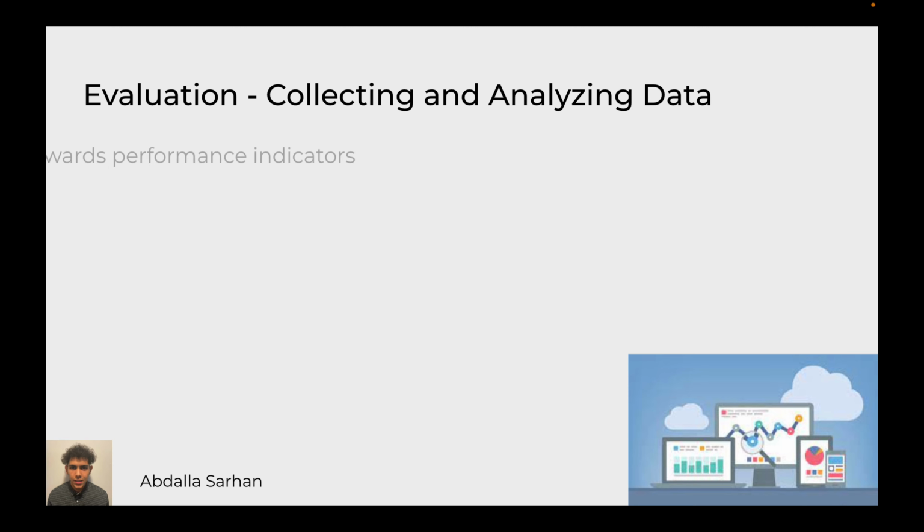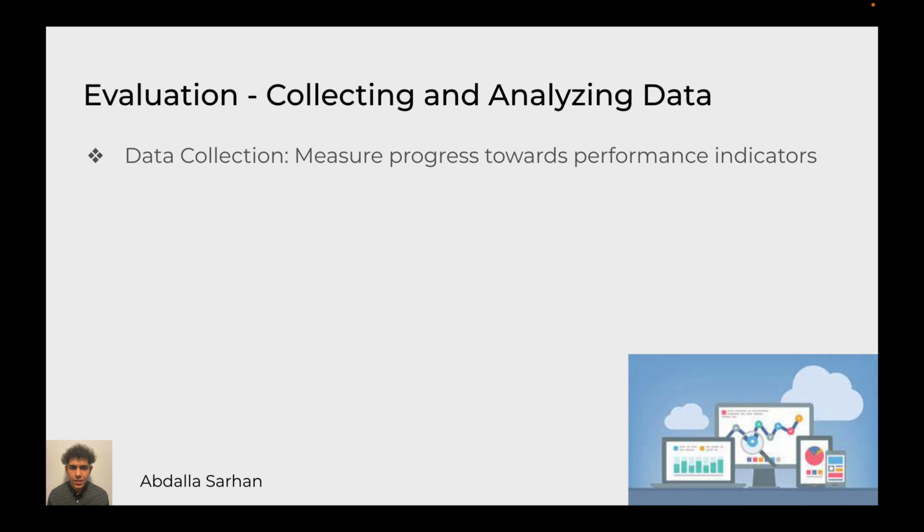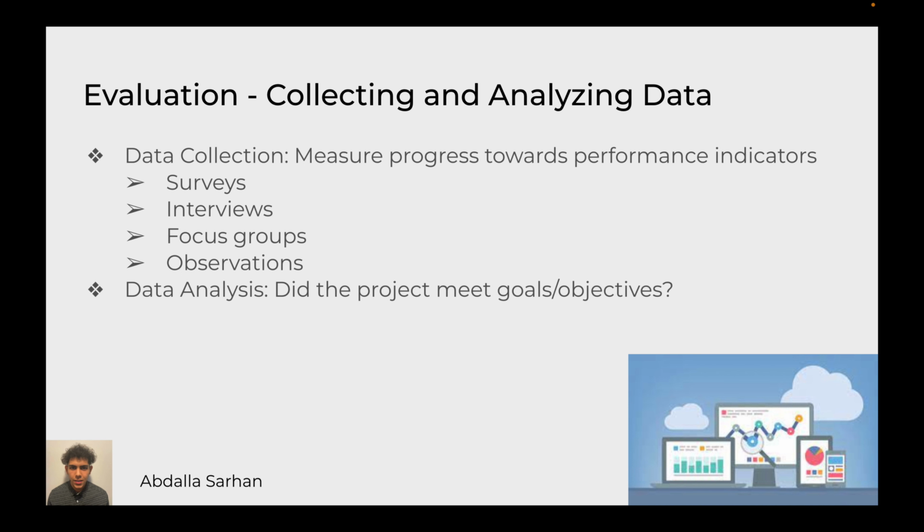Data collection involves collecting information on the project to measure the progress towards the performance indicators. Data can be collected using various methods, such as surveys, interviews, focus groups, and observations. Once data collection is complete, data is analyzed to determine whether the project is meeting its goals and objectives.